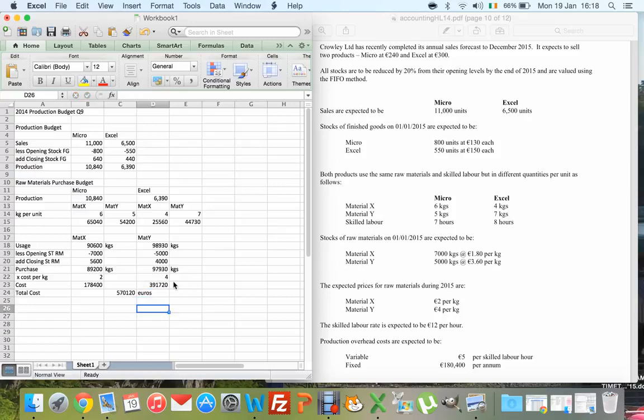So now I need to work out my production cost, my manufacturing. So this is where I'm going to add all of my costs together. So what different costs do I have? I've got materials, I've got labor, I'd have variable overheads, and I've got fixed overheads.